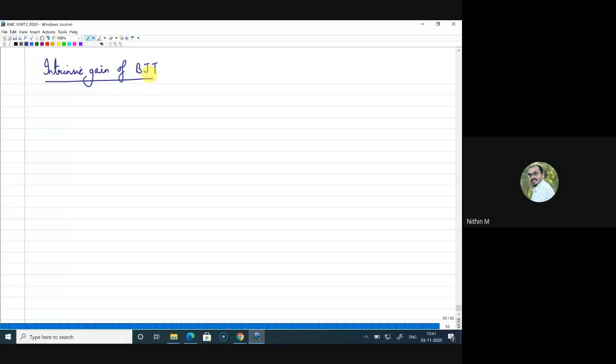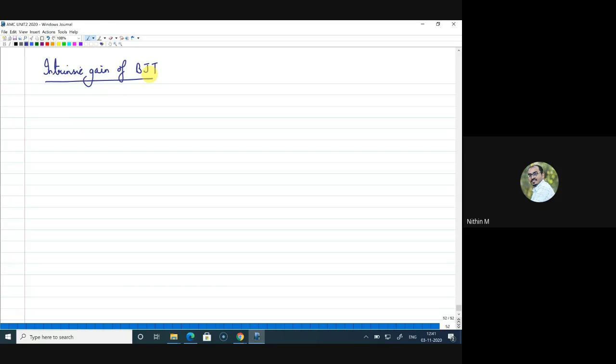Can you recollect what we learned about the intrinsic gain of a MOSFET? Is it GM or not, sir? GM R0 is the formula for intrinsic gain. What does it signify? It is the maximum gain that is available from a single MOSFET. Very good, thank you, Kishan.